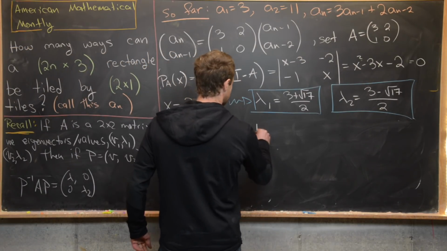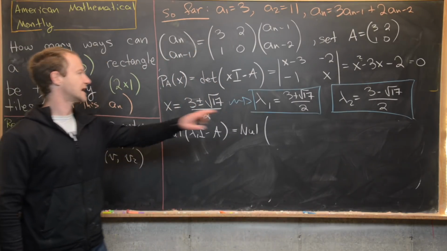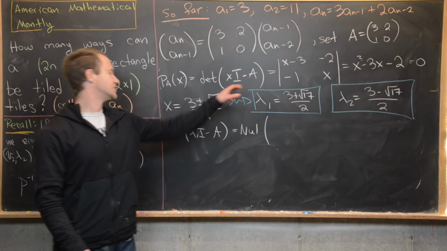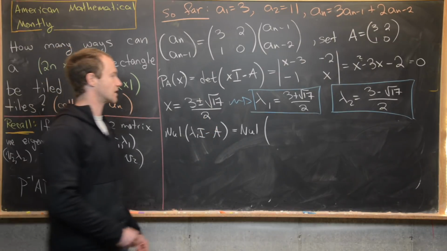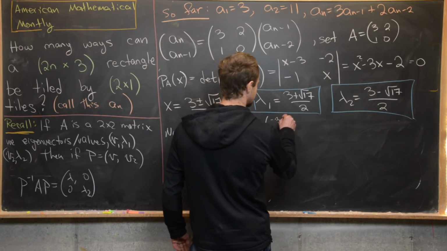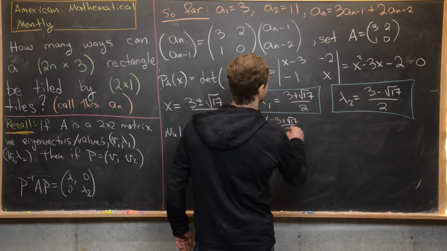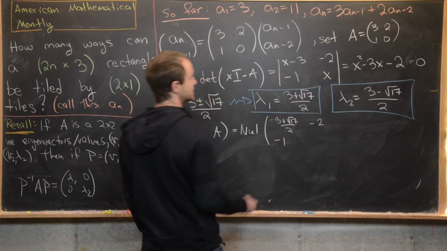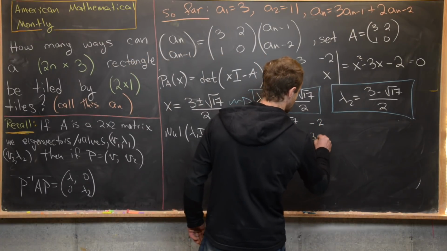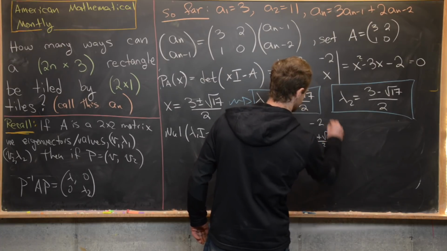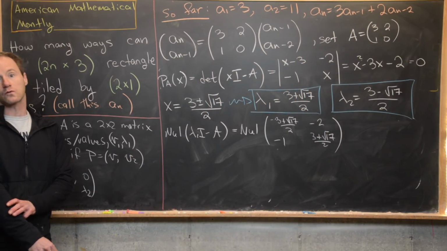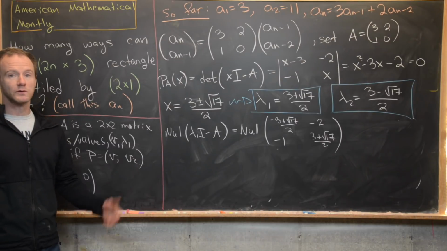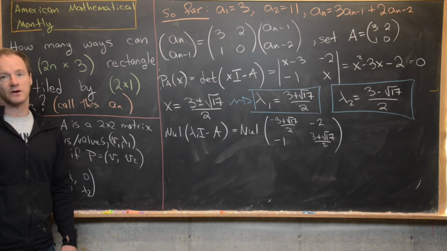So that's the null space of, well, plugging in lambda 1 into this object right here will give us minus 3 plus root 17 over 2, minus 2, minus 1, and then 3 plus root 17 over 2, like that. So now we want to start row reducing that, and we'll row reduce it until we have a clear idea what the null space is.